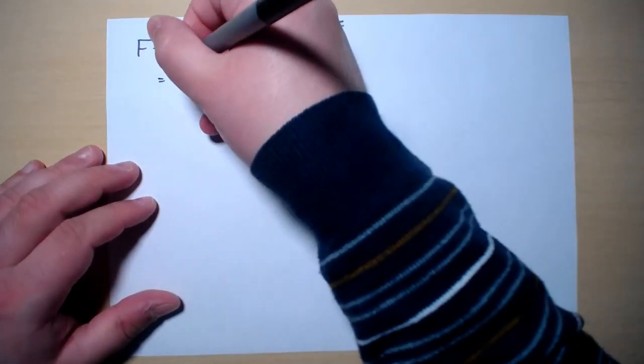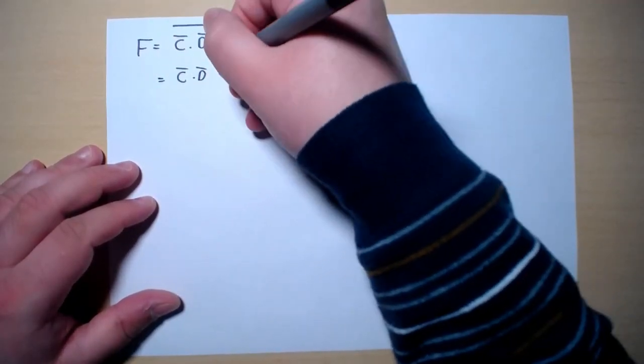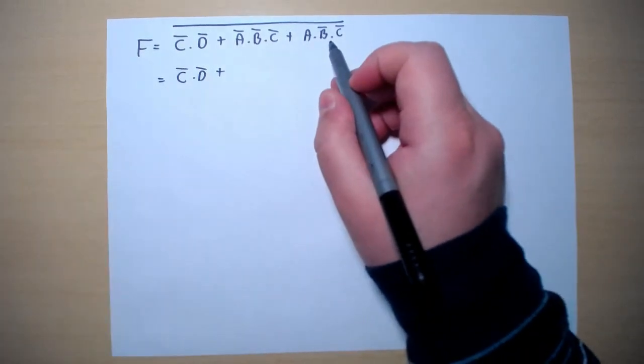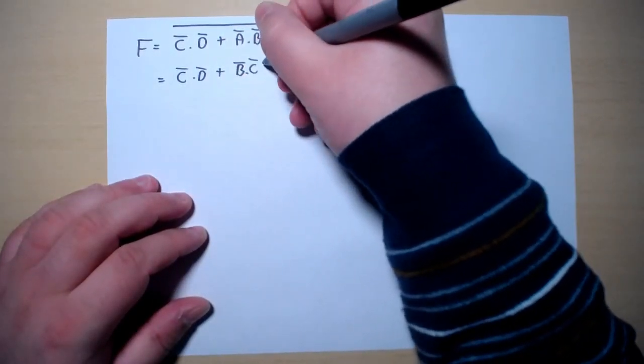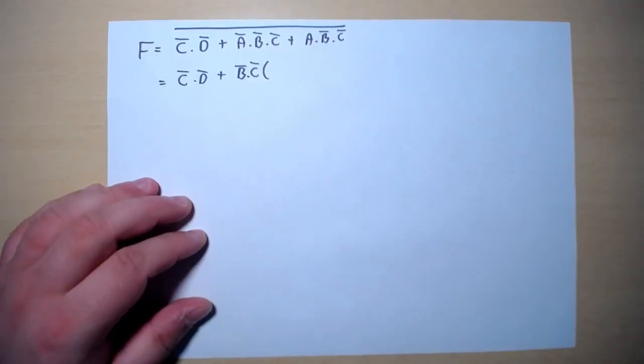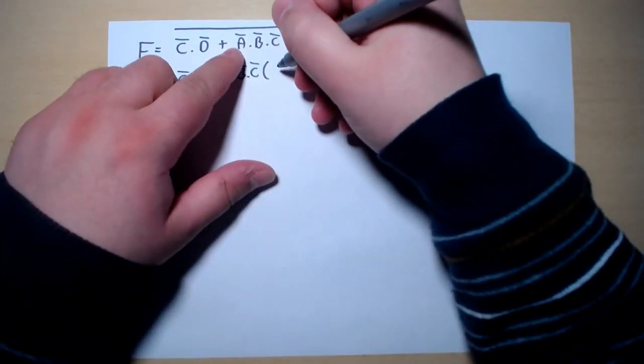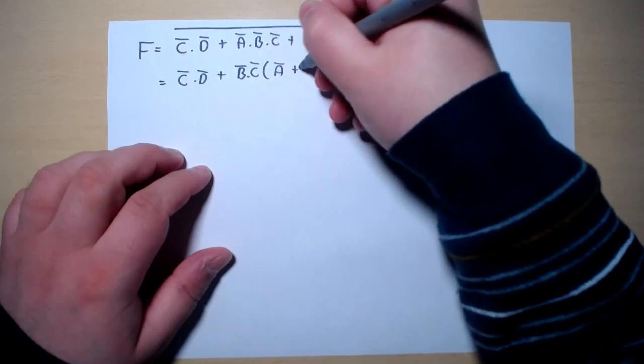So I'm going to leave the C' and D' as they are, but here I'm going to take out the B' and C' as common terms into A' or A.